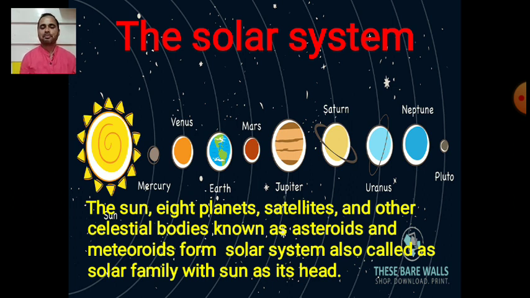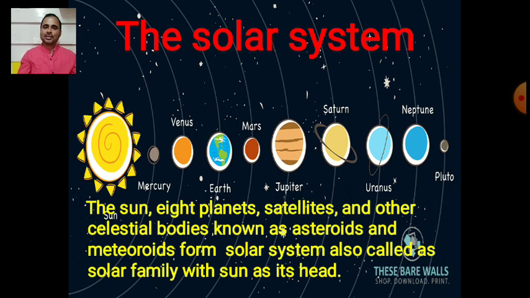What is the solar system? The Sun, all the 8 planets, satellites and other celestial bodies. What are celestial bodies? Celestial bodies are shining objects, such as asteroids and meteoroids, that form the solar system.